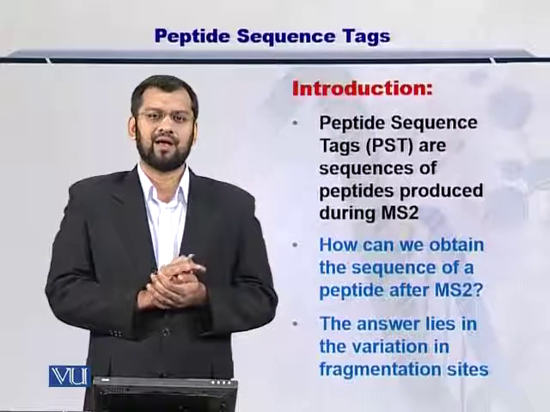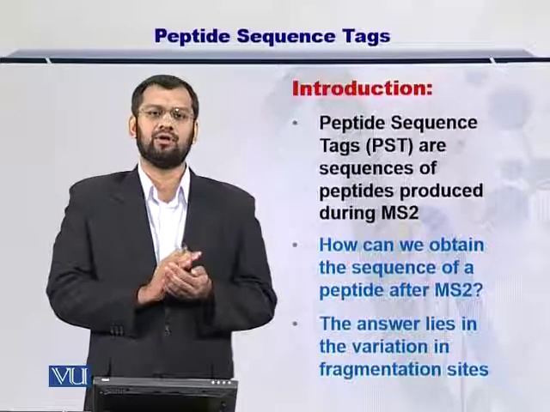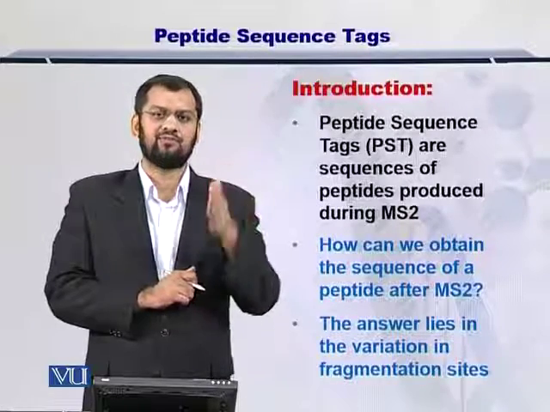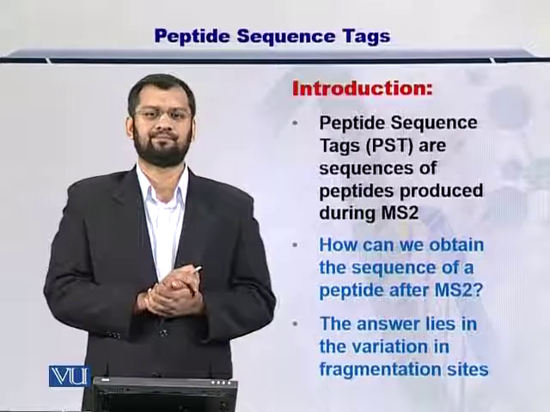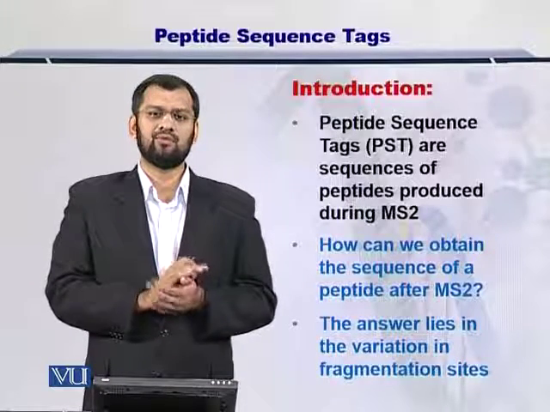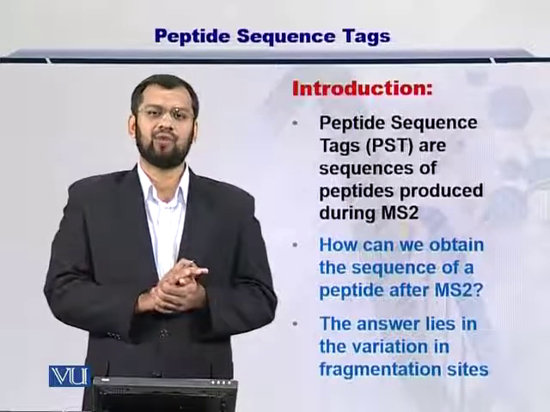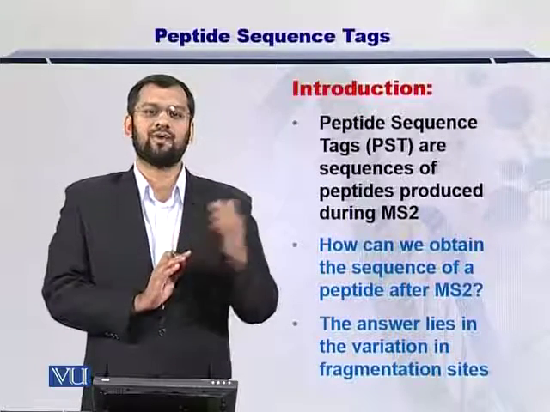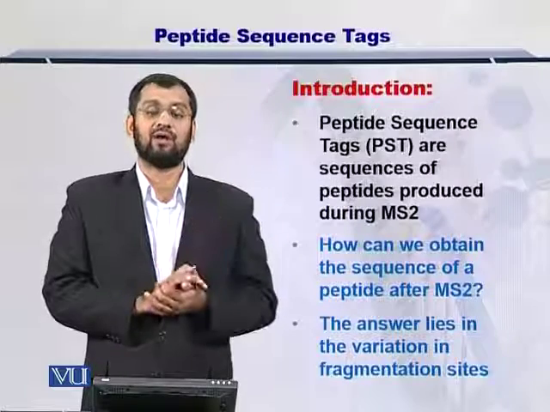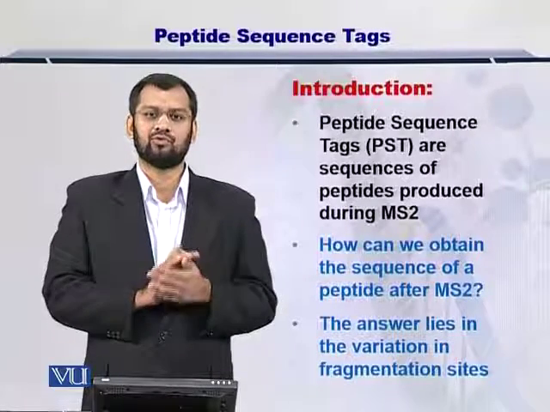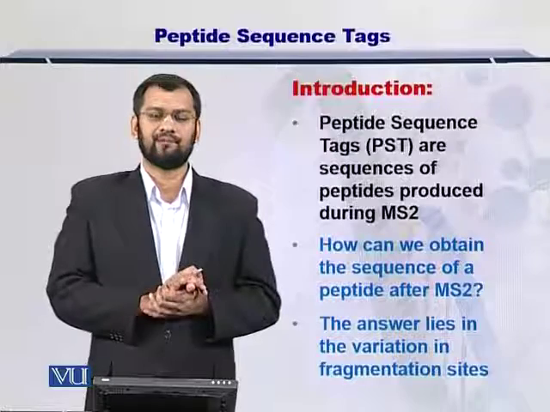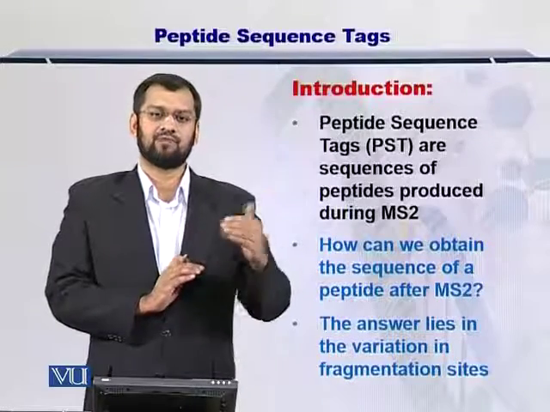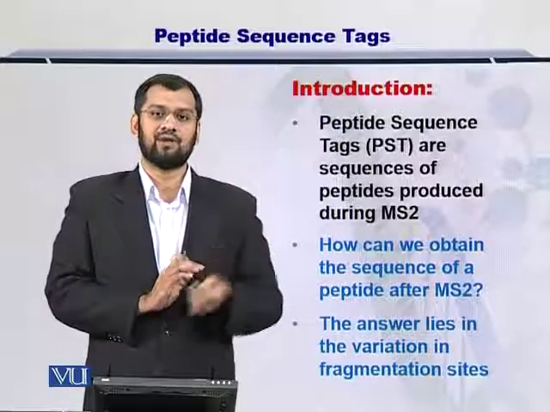Now, just imagine that you are able to fragment the backbone at consecutive sites. This will give you fragments that differ from each other by just one amino acid. This can be extremely useful if you can have multiple such fragments which are different from each other by just one amino acid.